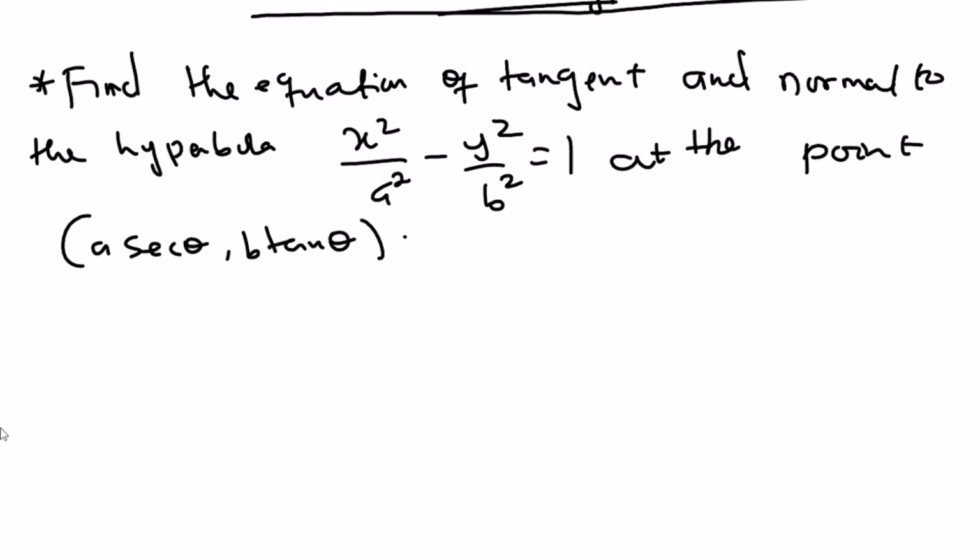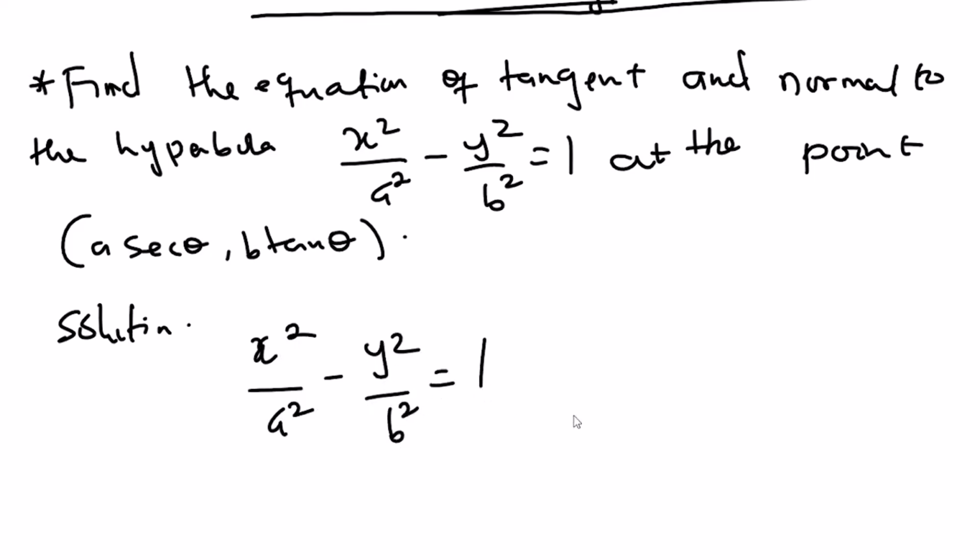So let's see how it goes. With this, we have the equation of that hyperbola given, x squared on a squared minus y squared on b squared being equal to 1. Now we can use implicit differentiation.